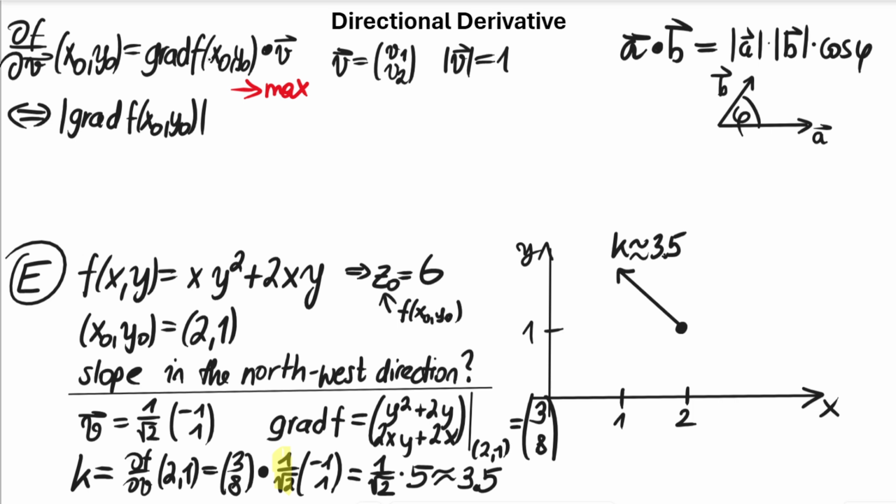So the magnitude of the first vector, which is the gradient, times the magnitude of the v vector times the cosine of our enclosed angle. So we have assumed that this v vector, the direction, is a unit vector, so its magnitude is 1.